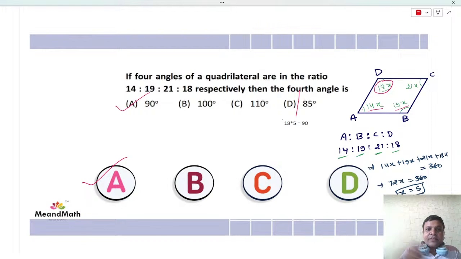Okay, this is the first question of the session. I hope this question is clear to you. Any doubt you can write in the chat box. Okay, let's move to the next one.